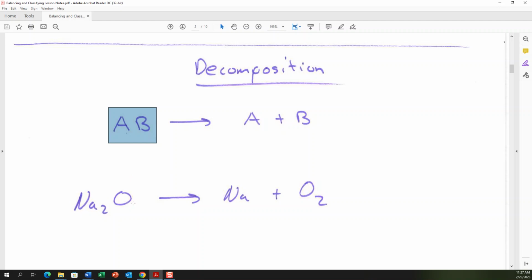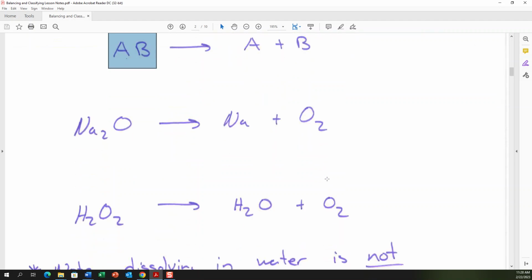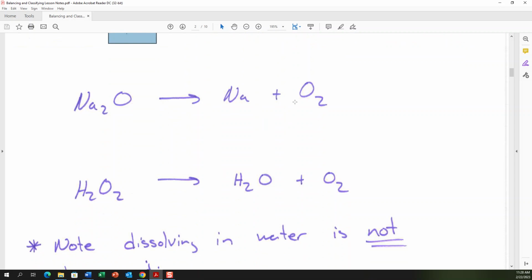So here we have sodium oxide yields sodium plus oxygen, okay? But it doesn't have to break down into just elements, right? Here we have H2O2, so this is hydrogen peroxide, forming water and oxygen, so a compound and an element. But again, we just have one thing on this side of the equation, so we should be thinking decomposition, okay?